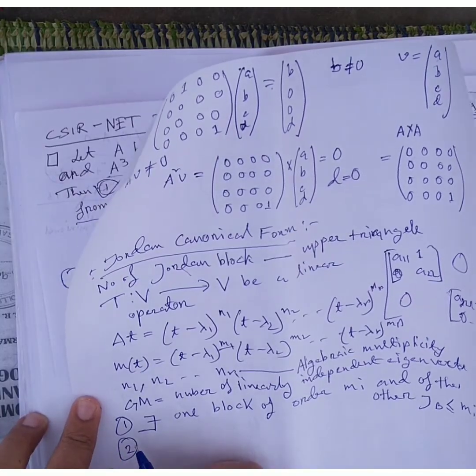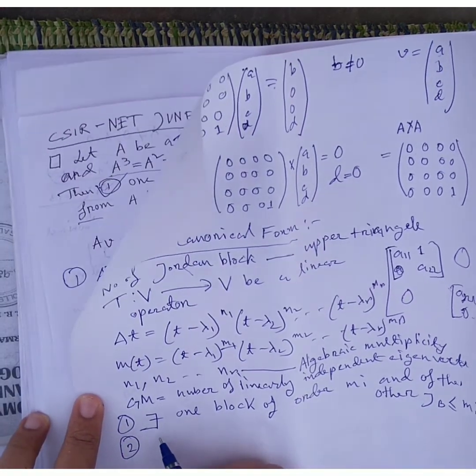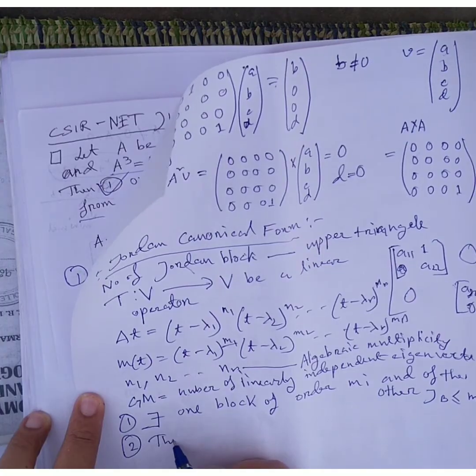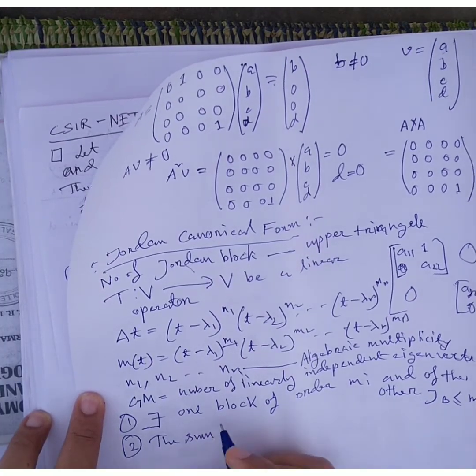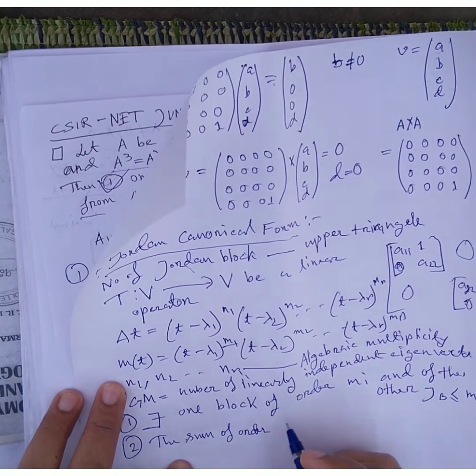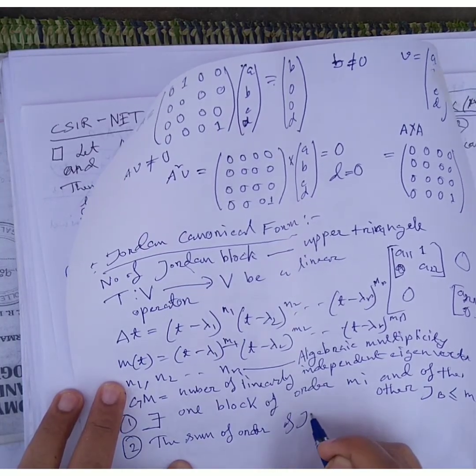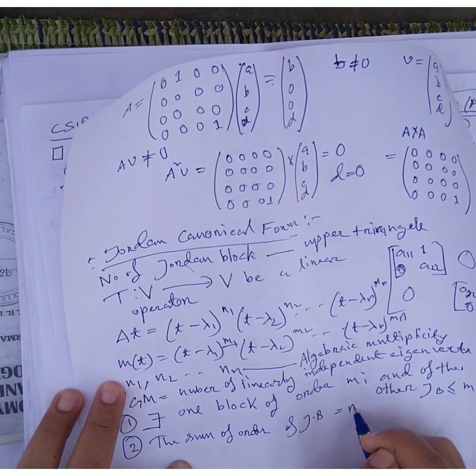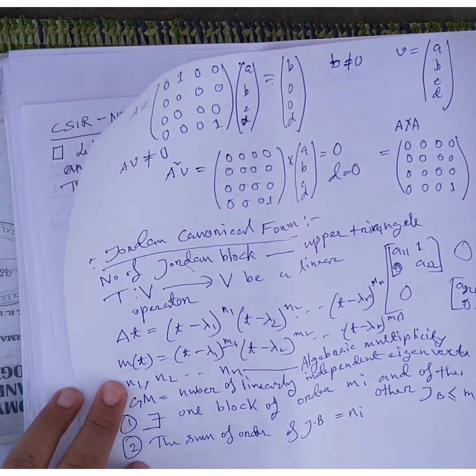Another, number two: the sum of the orders of jb is equal to ni. The sum of the orders of jb is equal to ni.